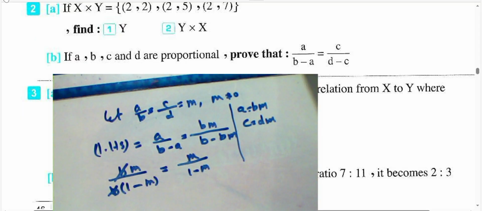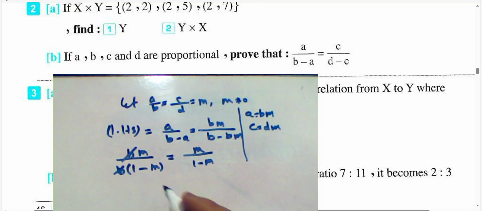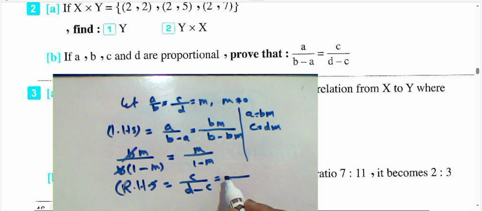Okay, right hand side equals C over D minus C. C equals DM over D subtracted by C, C equals DM.